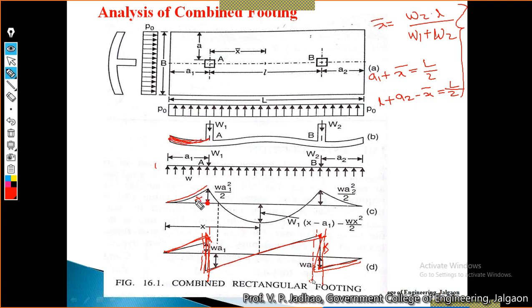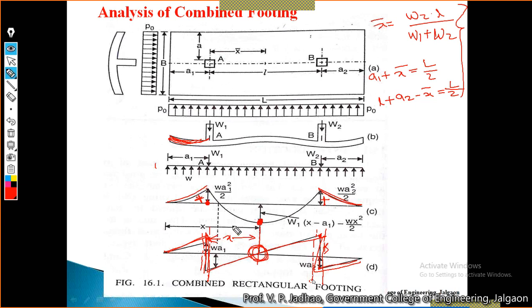Again, we have some sagging portion here, therefore we will get some positive bending moment here, and we want the location of the maximum bending moment. The maximum bending moment will be at the point where the shear force is zero, so we have to calculate this particular distance. Consider this distance is x. After calculating this small x, we can calculate the value of maximum bending moment.